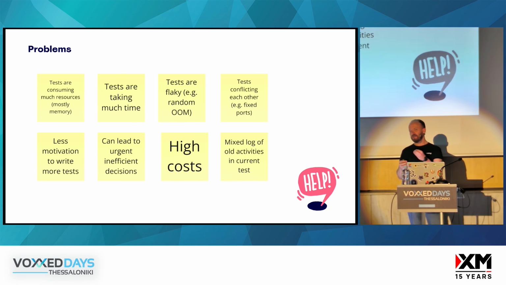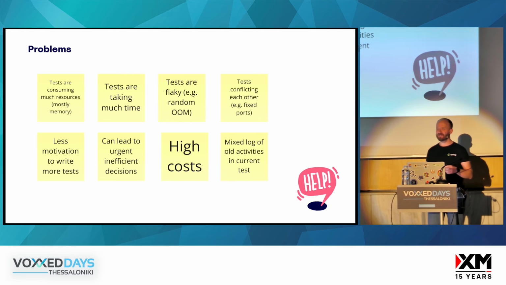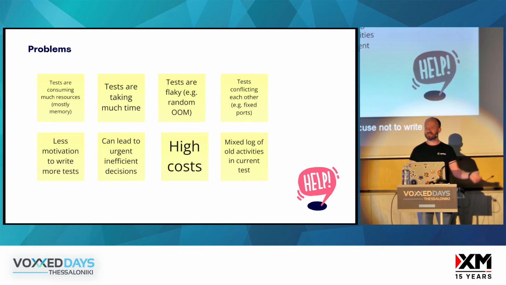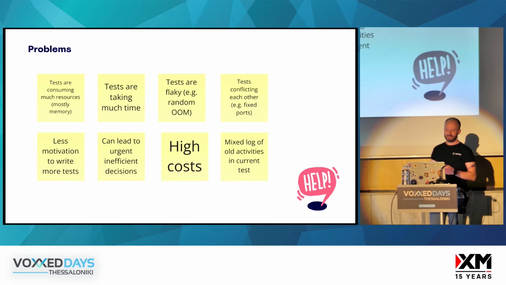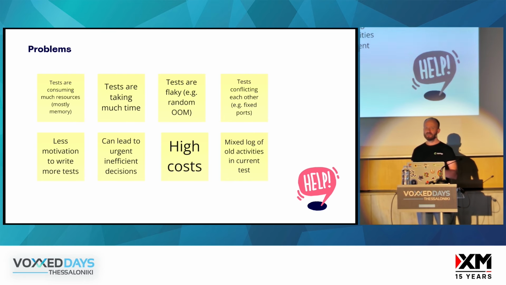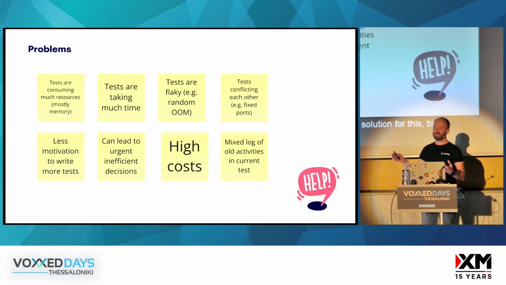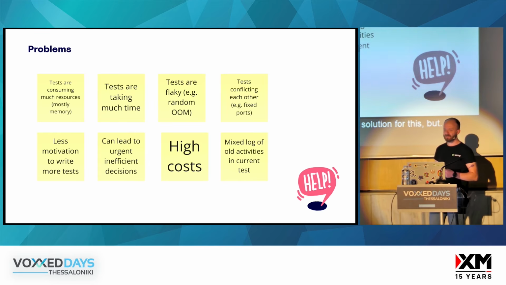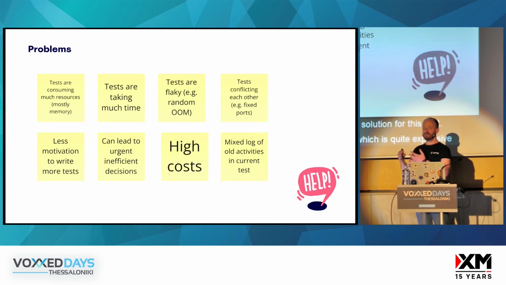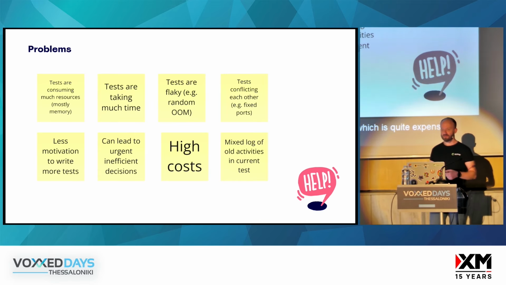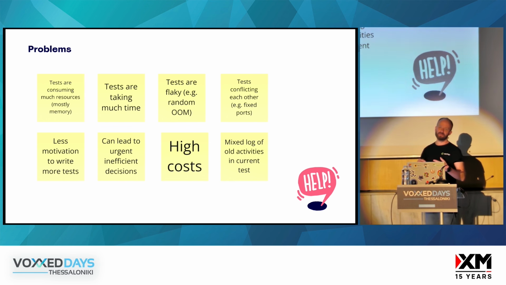It became a more or less popular excuse not to write integration tests at all, because they're flaky, slow, inefficient, etc. In the worst case, it could mean that we need vertical scaling, which is quite expensive, and it also doesn't solve problems in the long term. So we had to find some scalable solution.